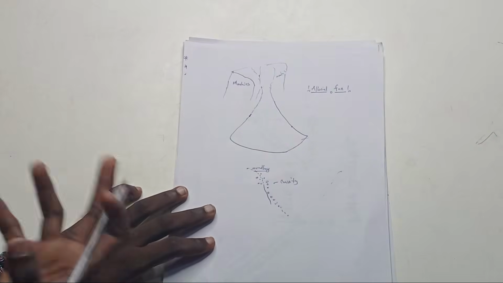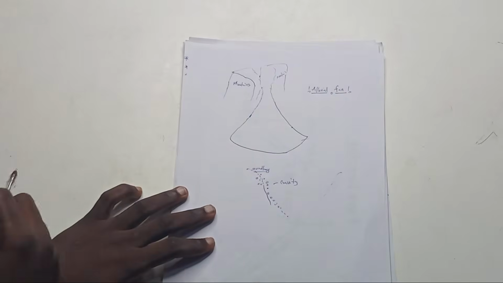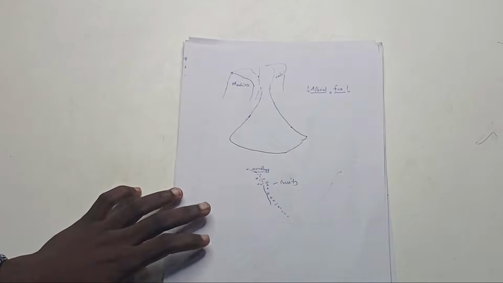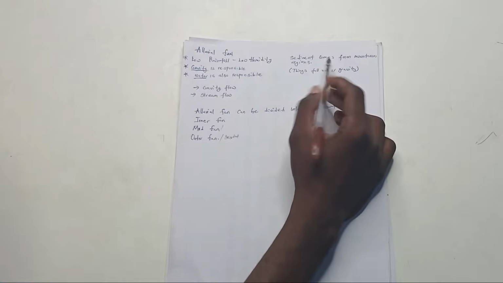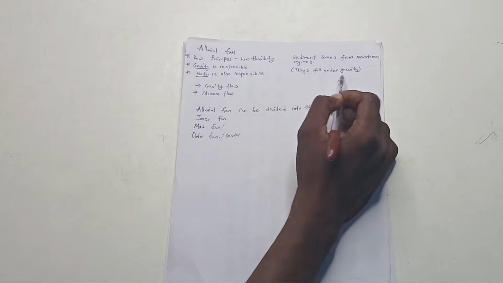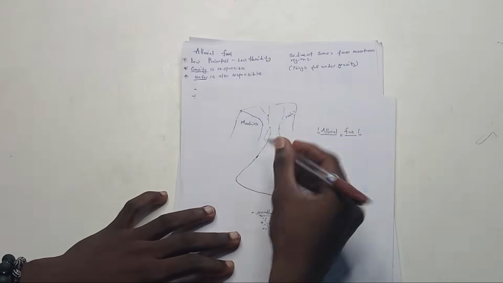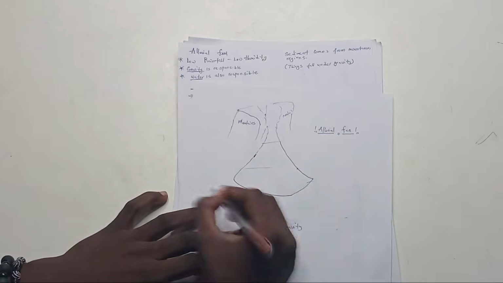They are more of coarse grained, large grained sediment. Since the sediment comes from the mountainous region and falls under gravity, we have gravity flow and stream flow. Now, an alluvial fan can be divided into three parts: the inner fan, the mid fan, and the outer fan.